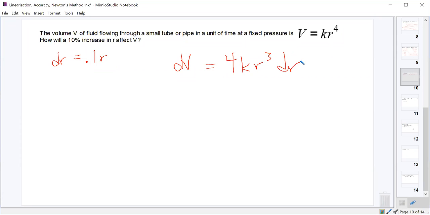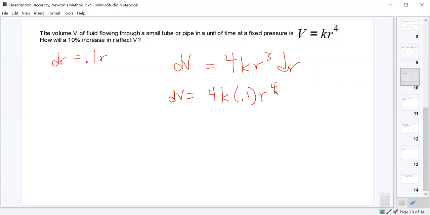And what should we do from there? What do you guys do from there? dr is 0.1 R, so plug that in. Okay, so dV gives us 4 times K times 0.1 times R to the 4th.